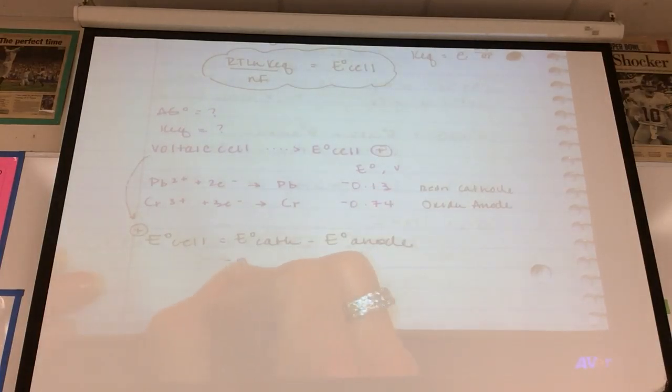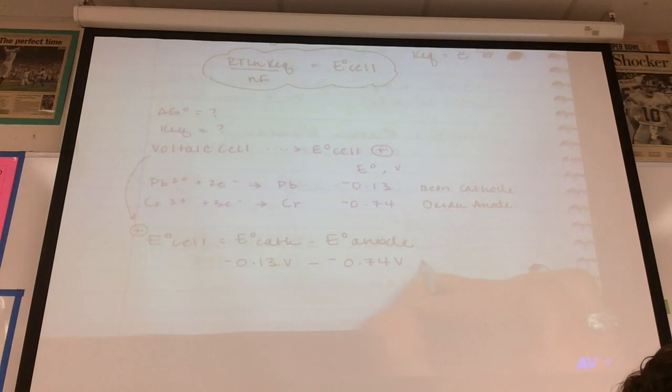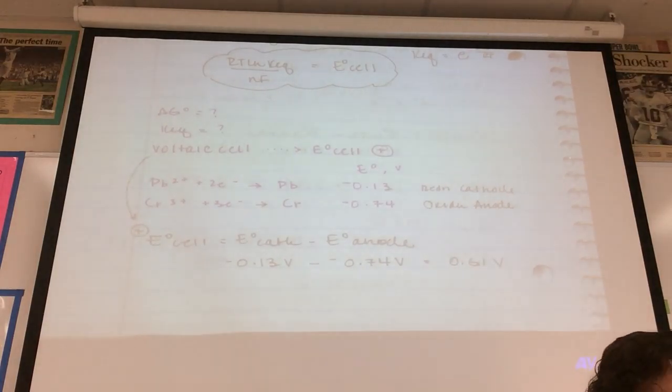So you have negative 0.13 volts minus negative 0.74 volts. And that's equal to 0.61 volts.